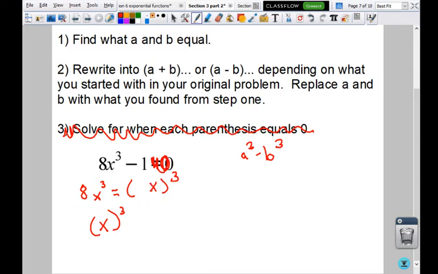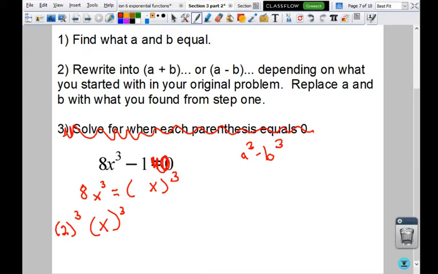But what about 8? How can I rewrite 8 to be something to the third power? It would be 2. Do we have to do 2 parentheses? No, I'm just showing you how to split up. It'd be 2x though. So, 2 squared is 4, 2 to the third is 8. So if you're not sure, you can start double checking in Desmos.